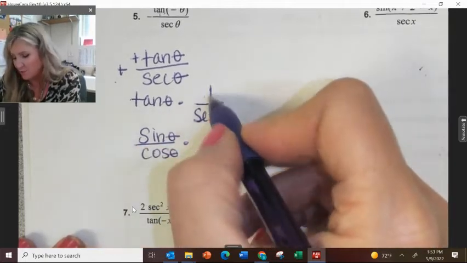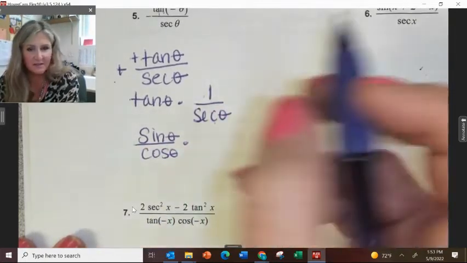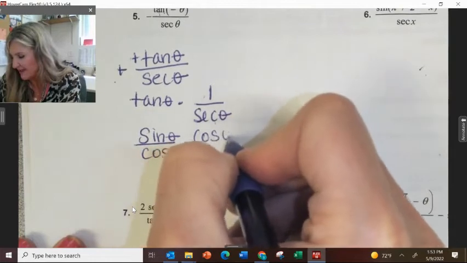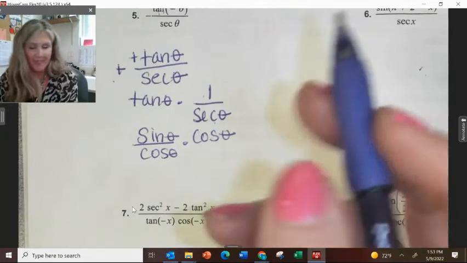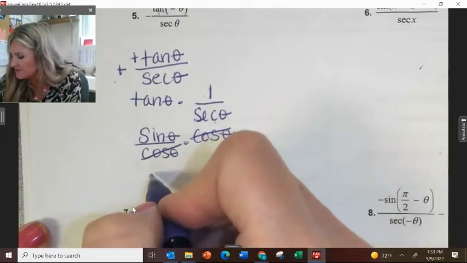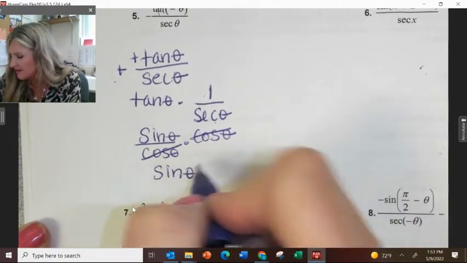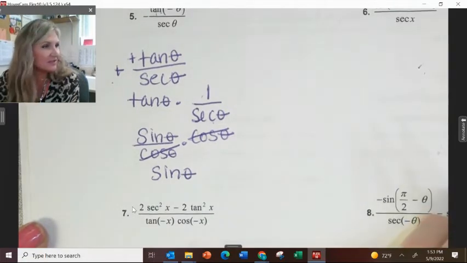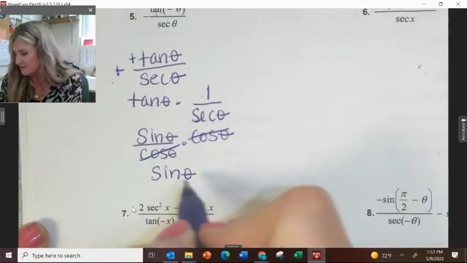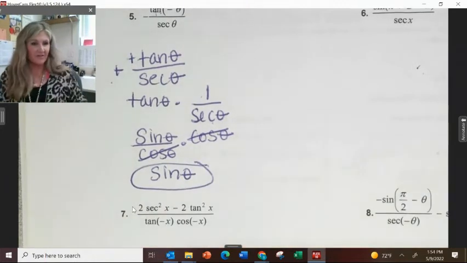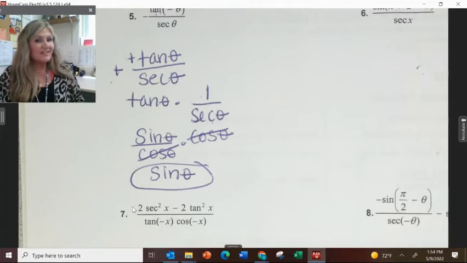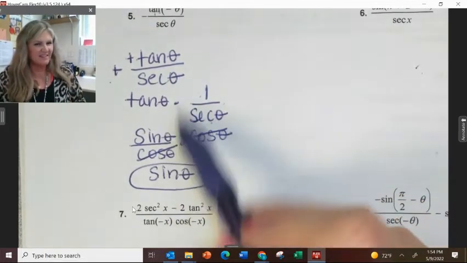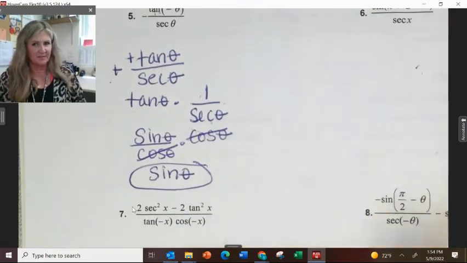What is another name for 1 over secant? Cosine. Yay. Why do I say that? Right. And so all of this is the same thing as sine theta. Is that a single expression? Yes. So we know we're finished. Okay. So we don't know for sure what the answer should be, but the computation and everything in there is going to be a little simpler.